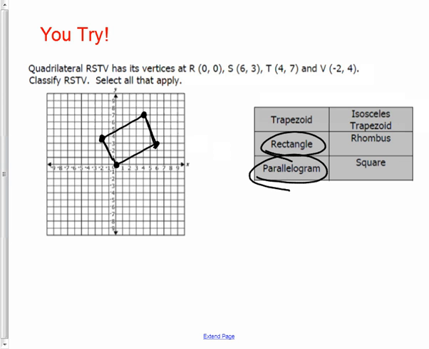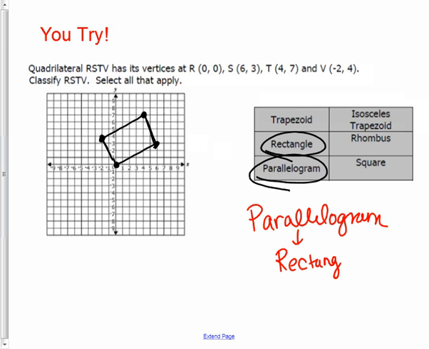Okay, so if you tried it, you should have gotten rectangle and parallelogram. Remember, if it is a rectangle, it is a parallelogram because it goes underneath in the quadrilateral tree. We've got parallelogram, and underneath it, a type would be a rectangle.